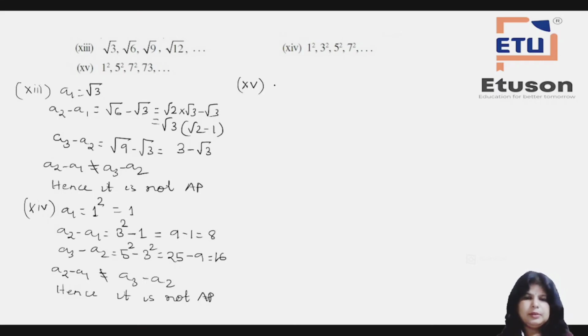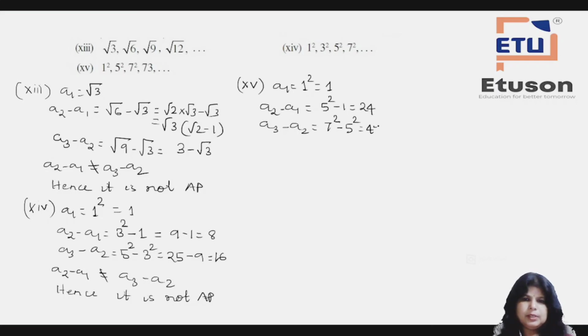Now let us go to the 15th bit. So here you have A1 is equal to 1 square, that is 1. Let us find out the common difference. A2 minus A1 is equal to 5 square minus 1, that is 24. A3 minus A2 is equal to 7 square minus 5 square, that is 49 minus 25, that is equal to 24.